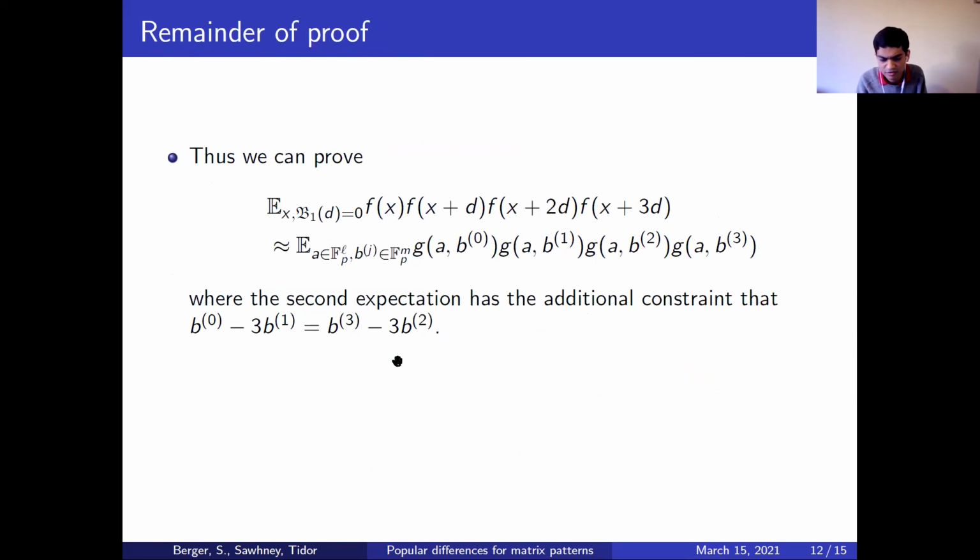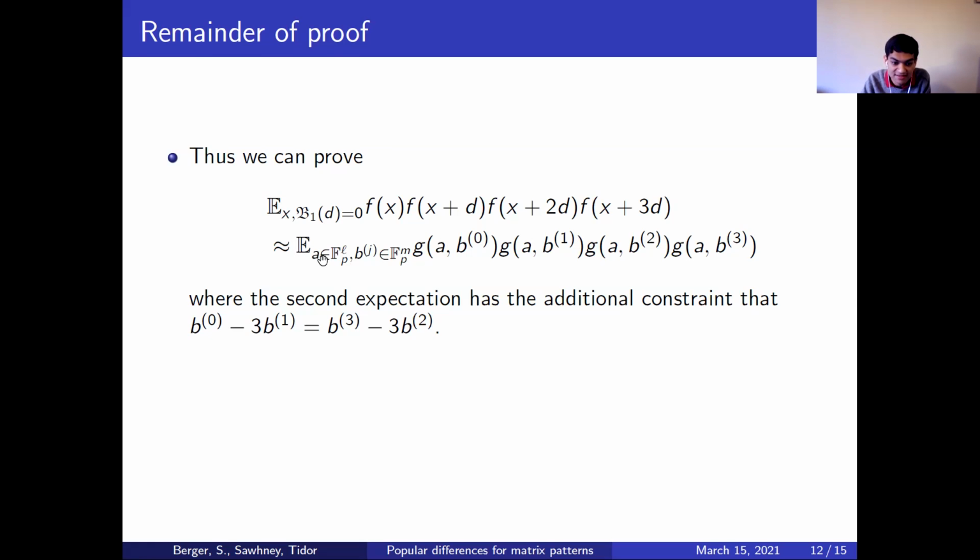So as it turns out, through not a very hard calculation, not only can I reduce to this model, but this model reduces down even further using our equidistribution. And it's simply a matter of looking at some simplified average of a bivariate function over a finite field.